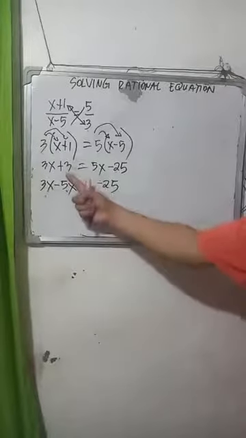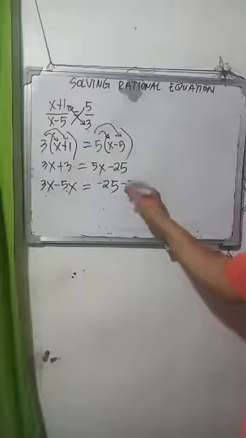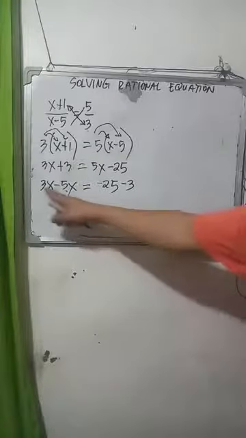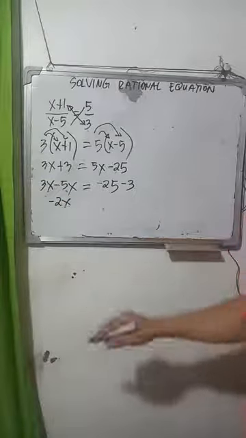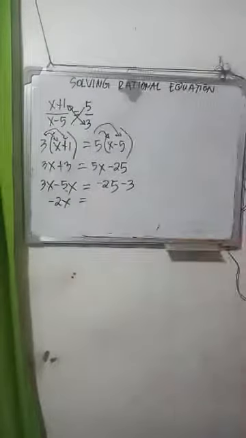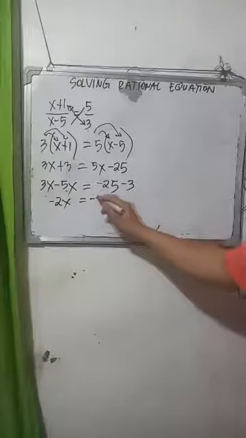Pag i-transpose natin ang positive 3 sa kabila, magiging negative 3. So, 3x minus 5x, that is negative 2x, equals negative 25 minus 3, that is negative 28.